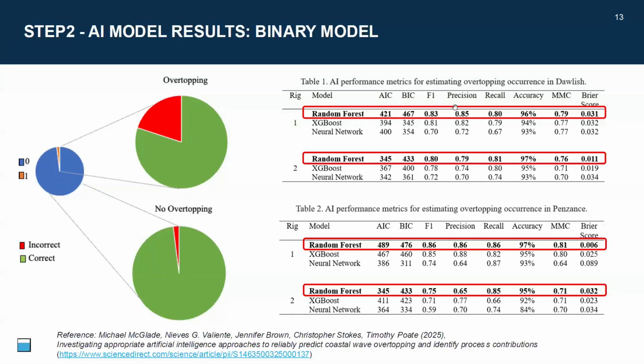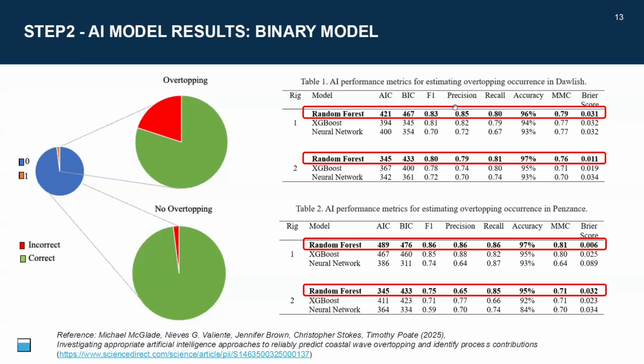Also, as you could see in the recall metric, random forest was able to predict overtopping events with good accuracy.